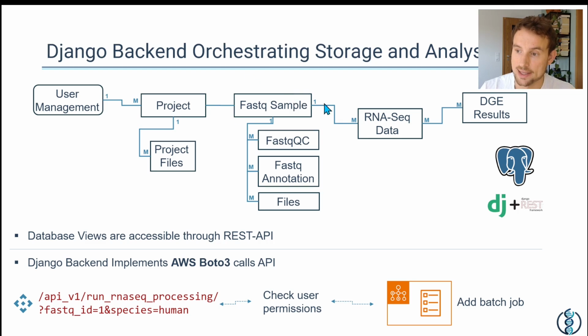Then each of the FASTQ samples can have one or several RNA-Seq datasets attached. And those tables basically hold the information and data that come from the RNA-Seq data processing.